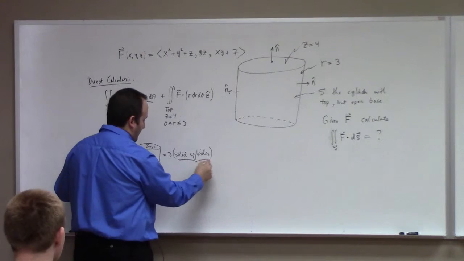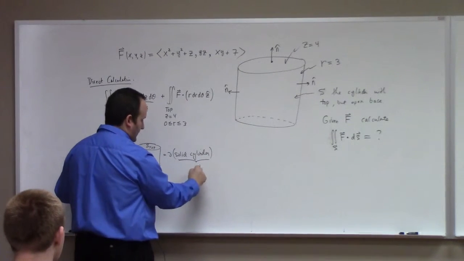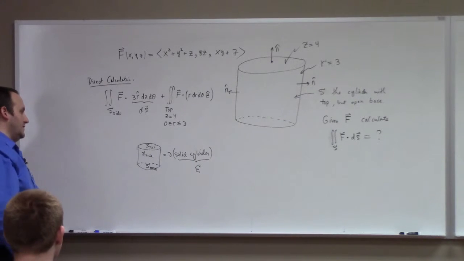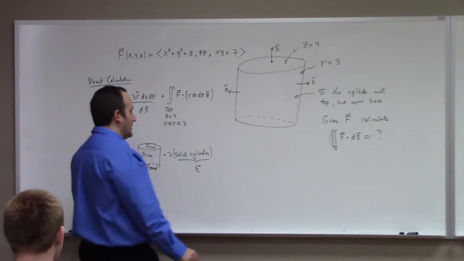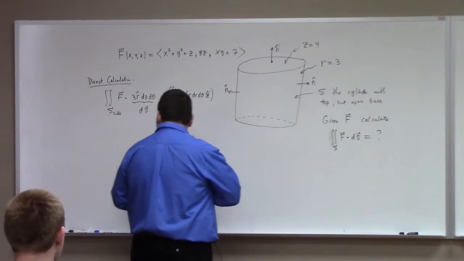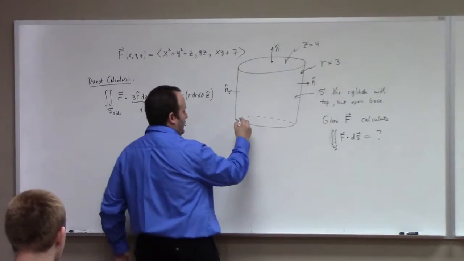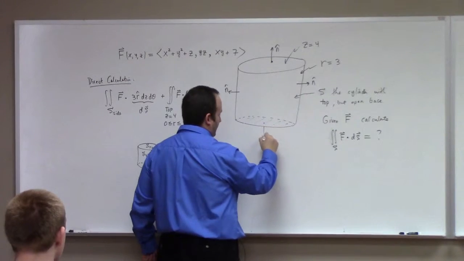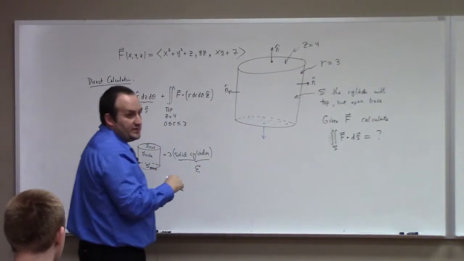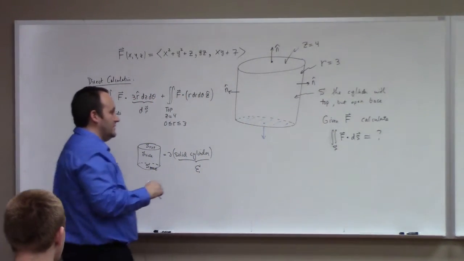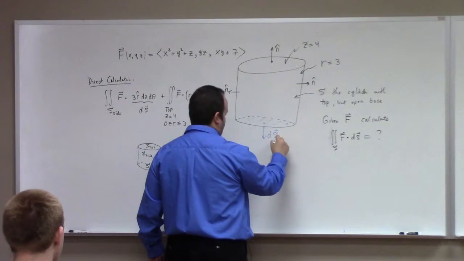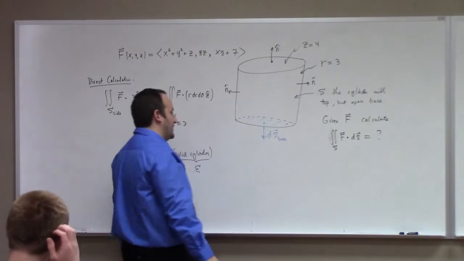Let me give this thing a name. Let's call it E. So in other words, if I throw in this extra piece right here and orient it downward to give the boundary of the solid cylinder the outward orientation, this would be dS for the base. That's the surface area element there.